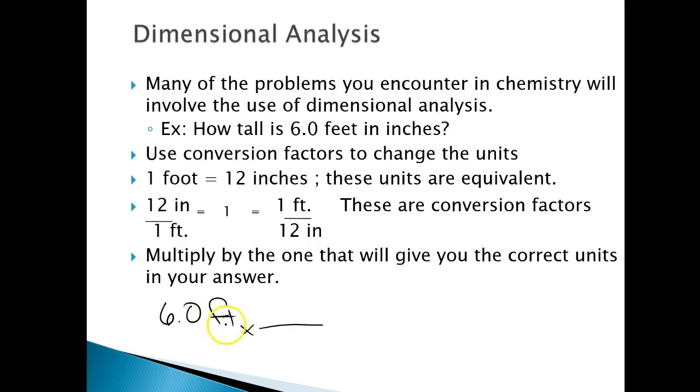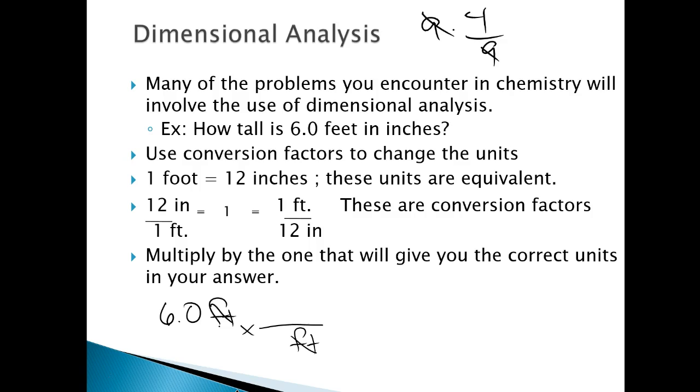So the way it's going to work just like in math class. If foot is what you start with, then it's going to go on the bottom to cancel out. Just like if you had 9 times 4 over 9, the 9's cancel out. It's the same idea. So feet will cancel out, and you want to put the thing that you were trying to get to. It goes in the numerator.